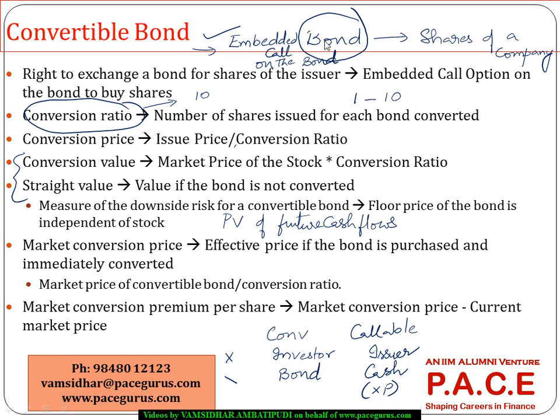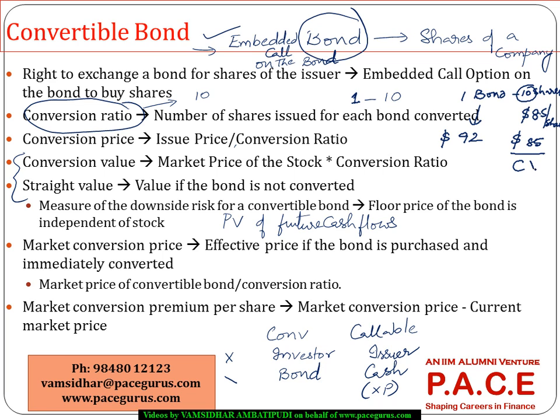So just to understand with the same example, as per the convertibility feature, let's say one bond can be converted into 10 shares, and when I find the present value of the future cash flows of this bond, let's say it comes out to $92, and the current share price is $8.5 per share. So even if it is converted into 10 shares, the value is $85.